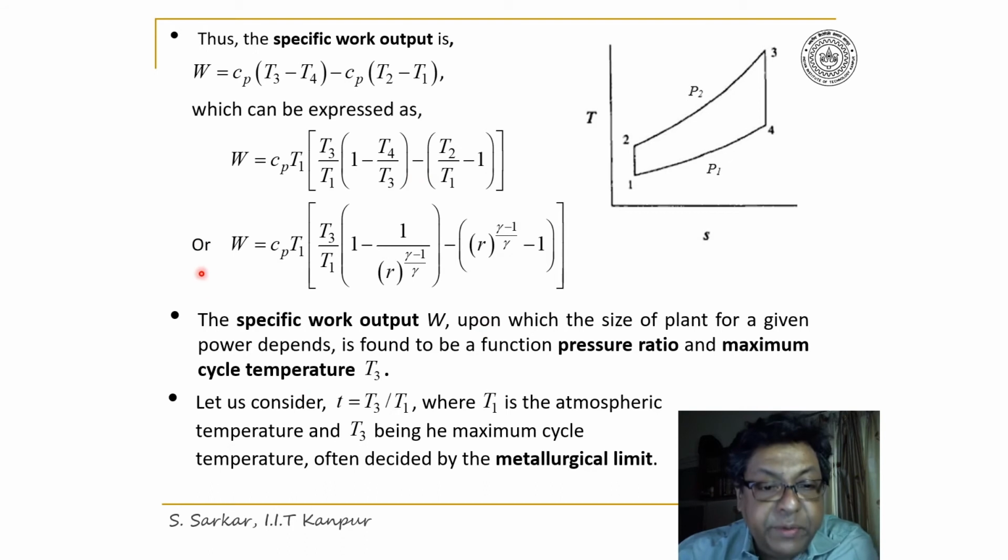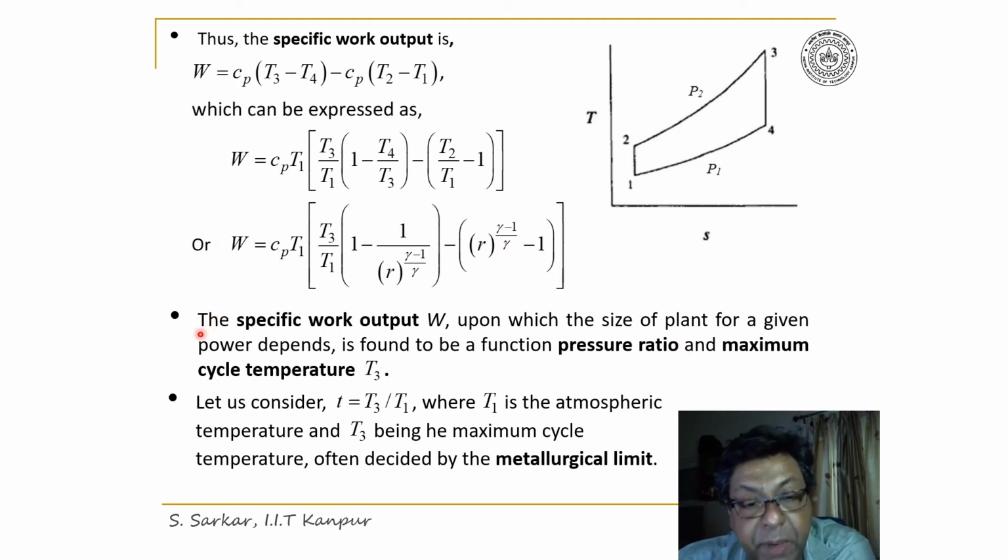Thus W can be expressed as Cp into T1 within the bracket T3 by T1, again within the bracket 1 minus 1 divided by R to the power (gamma minus 1) by gamma, minus within the bracket R to the power (gamma minus 1) by gamma minus 1.